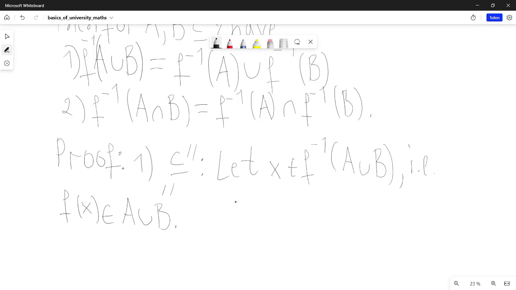And what do we have to prove? We have to prove that f of x is in A or it is in B, right?